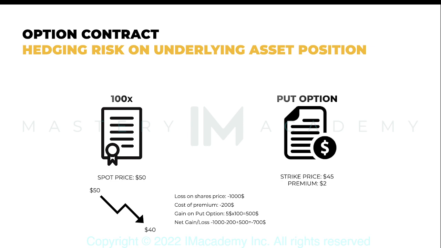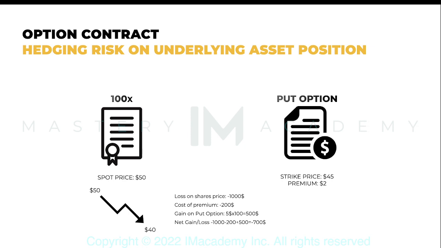So the difference is $5 and we used 100 put options. So it's $500 profit. In this case, our net loss is only $700. And we just saved ourselves $300 of potential loss by hedging risk on falling stocks using put options.